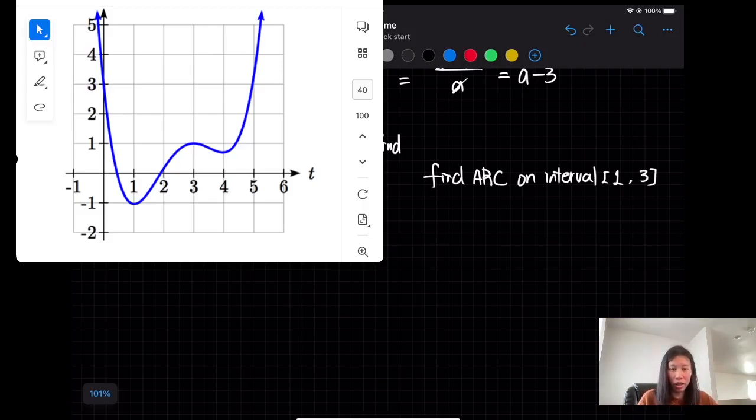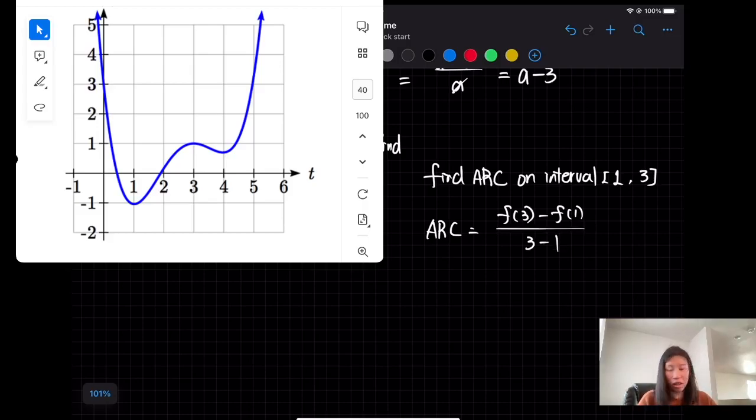So how do you do that? Again, we use the formula: average rate of change equals f of 3 minus f of 1 over 3 minus 1.